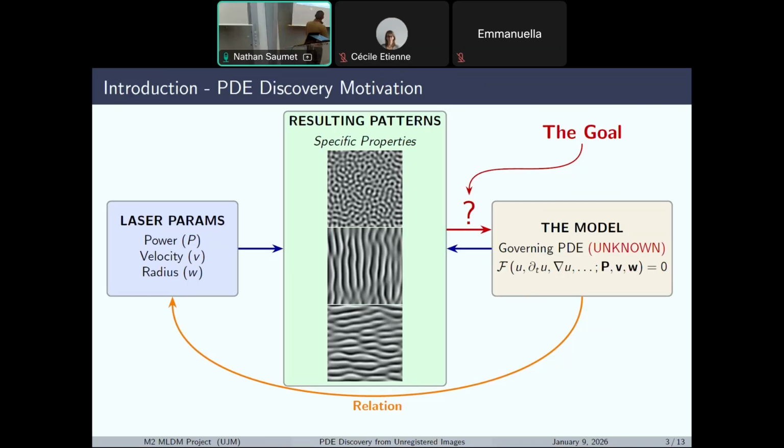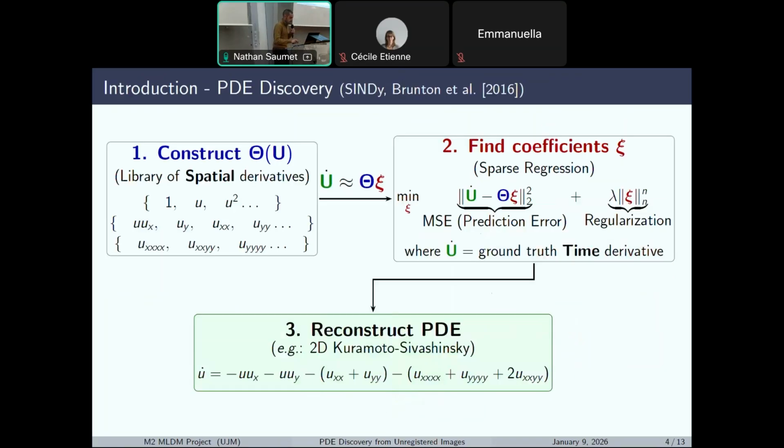And these patterns, as I said, are also governed by an underlying PDE, which is most of the time unknown. And the goal of PDE discovery is to infer this PDE directly from the data, so directly from the patterns evolution. And then later on, we could, for example, establish a relation between this governing PDE and the laser parameters in order to discover new patterns.